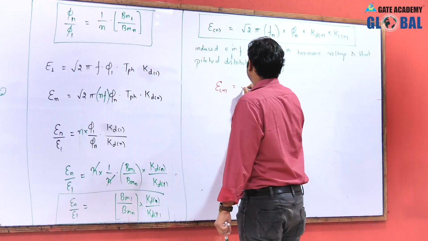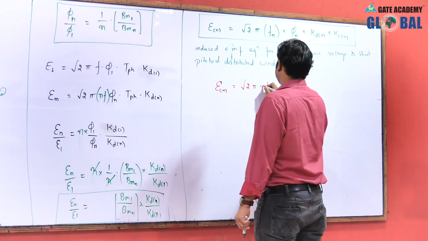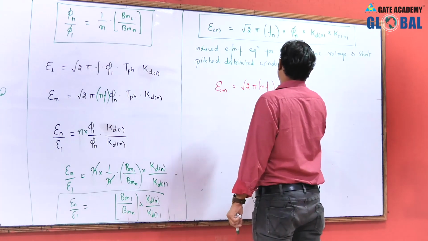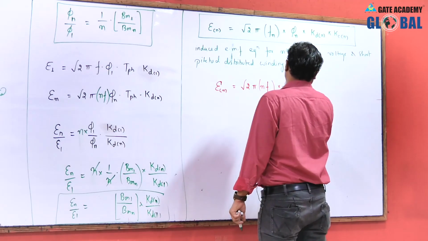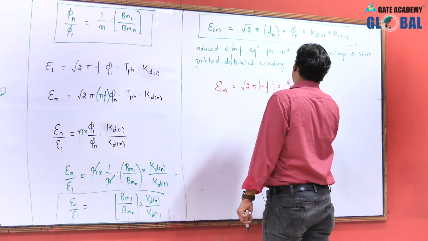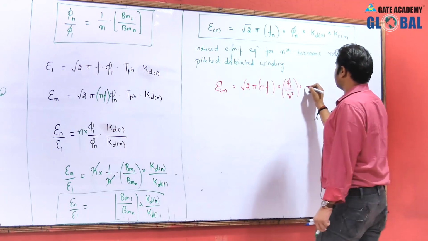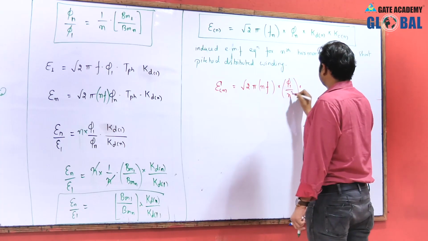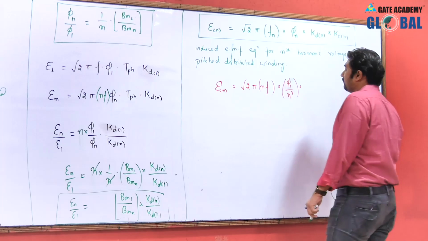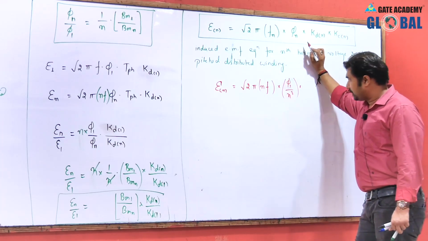Fn is, you can say, n times the fundamental, and phi n is 1 by n square times the fundamental per pole. For per pole, if this is in terms of per pole, then this will become phi by n cube, because the nth harmonic will have n number of fictitious poles.